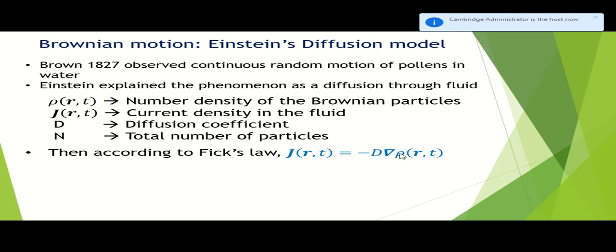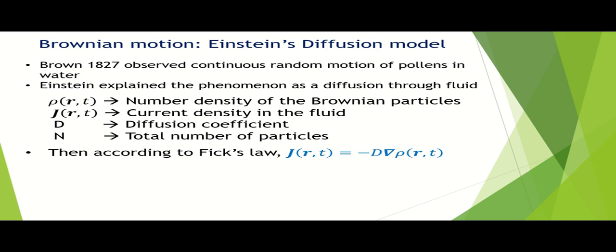If there is no concentration gradient, then there will be no diffusion. That's what this equation tells you, and the proportionality constant is your diffusion coefficient. The negative sign is because particles move towards lower concentration.